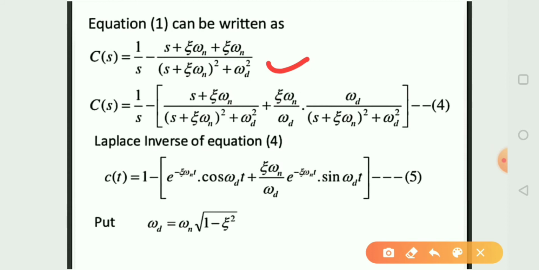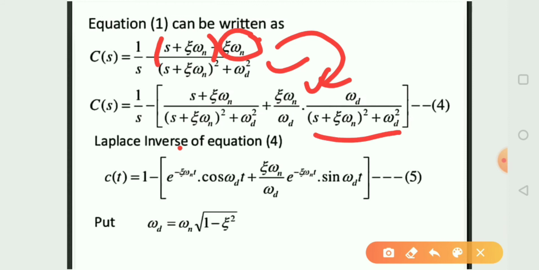Now if we take this term, s + ζωn and ζωn, we can represent this equation as 1 over s, minus (s + ζωn) over (s + ζωn)² + ωd², plus ζωn over this term.